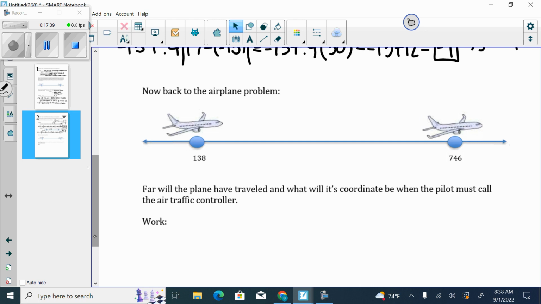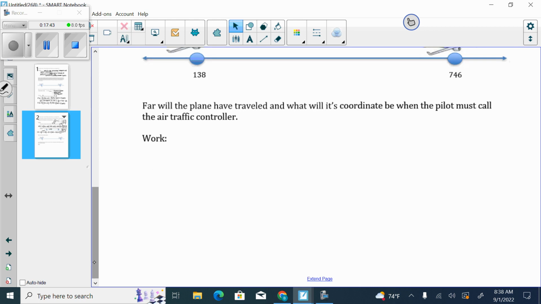So 3/4 or 0.75, whichever you prefer to use. Okay. So for my fractional distance here, I'm going to have 0.75 or 3/4 as my K times the absolute value of my x2 minus x1.